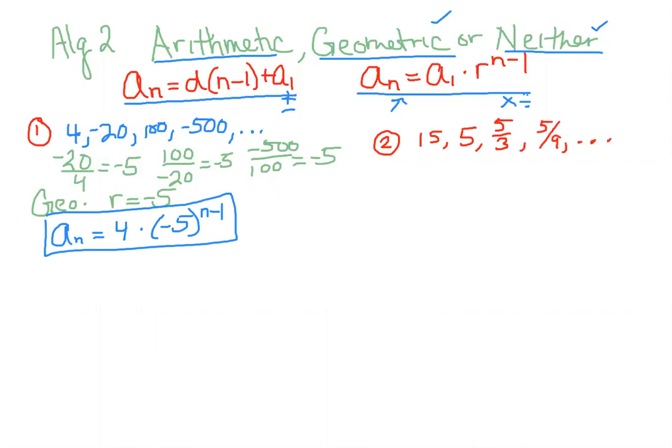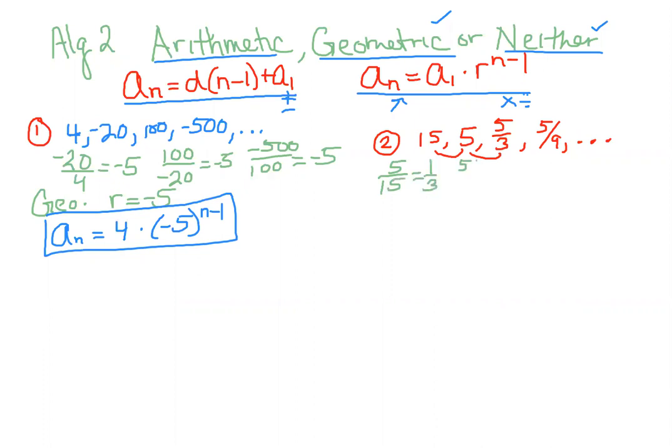All right. Just in your head, you can tell that it's not going to have a common difference, because the difference between these is 10, and obviously the difference between those is not 10. So it can't be arithmetic. So let's check to see if it's geometric. So we'll take 5 over 15, and that equals 1/3.